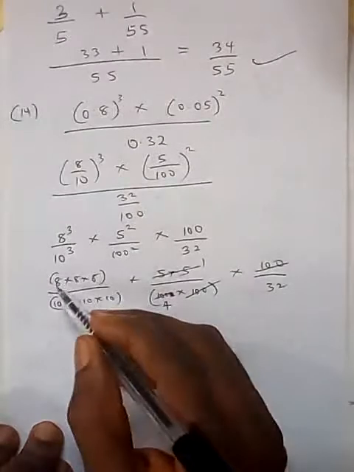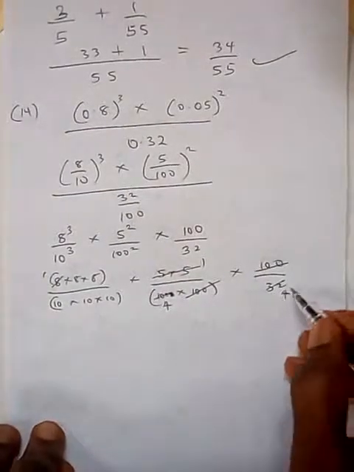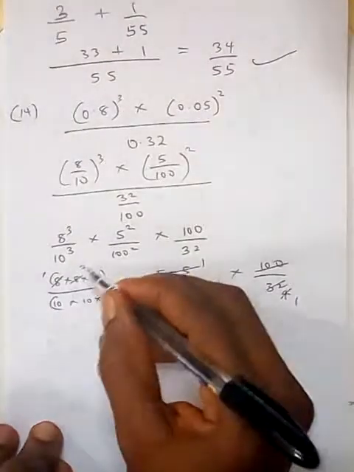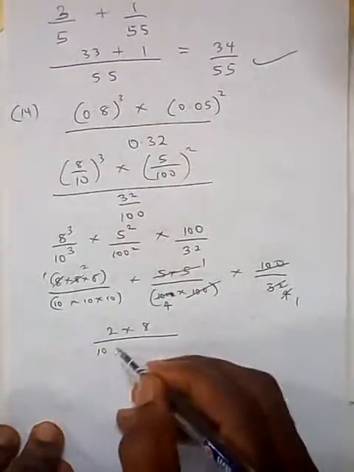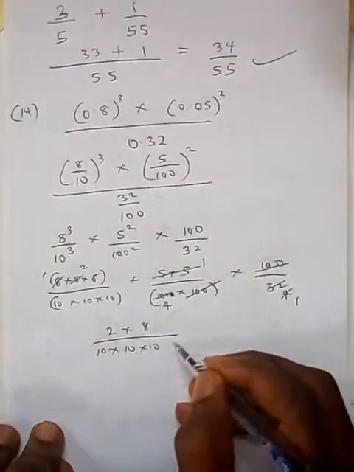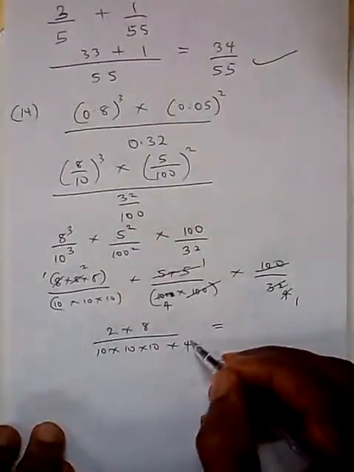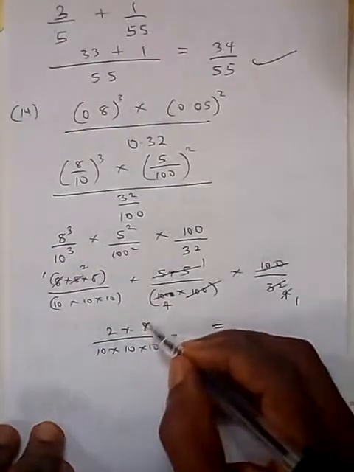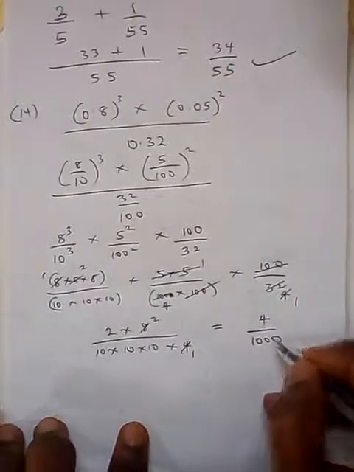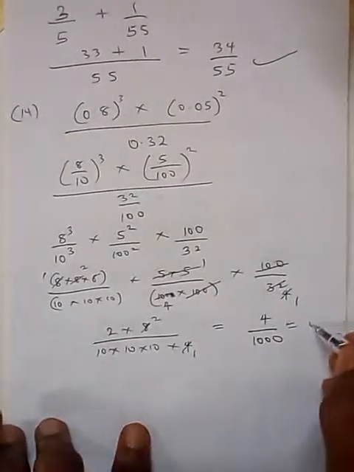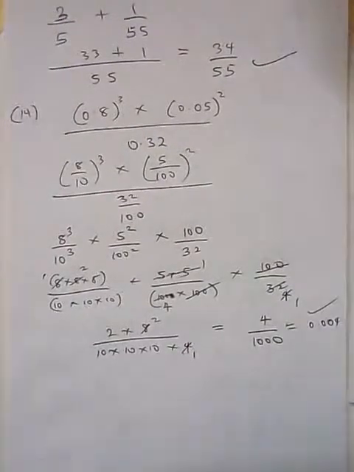Okay, then 8 here 1, 8 here 4, right? 4 here 1, 4 here 2, so we're left with 2 times 8 over 10 times 10 times 10 times 4, and then we can still strike off values here. 4 here 1, 4 here 2, which is 2 times 2, 4 over 1000. Okay, which is simply 0.004.